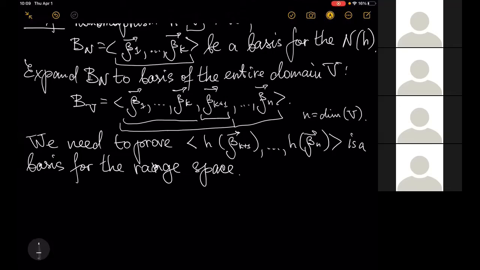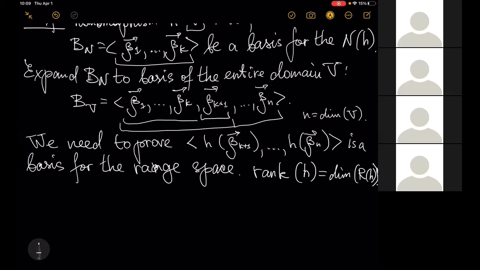Remember that the rank of H, of some homomorphism, is the dimension of the range of the homomorphism, by definition.